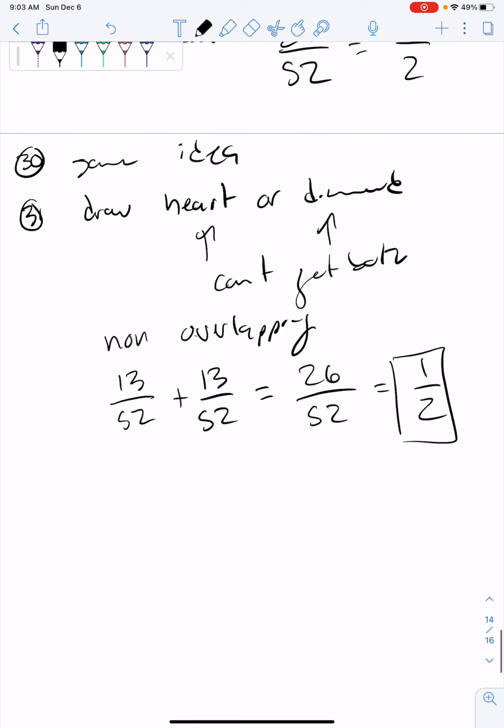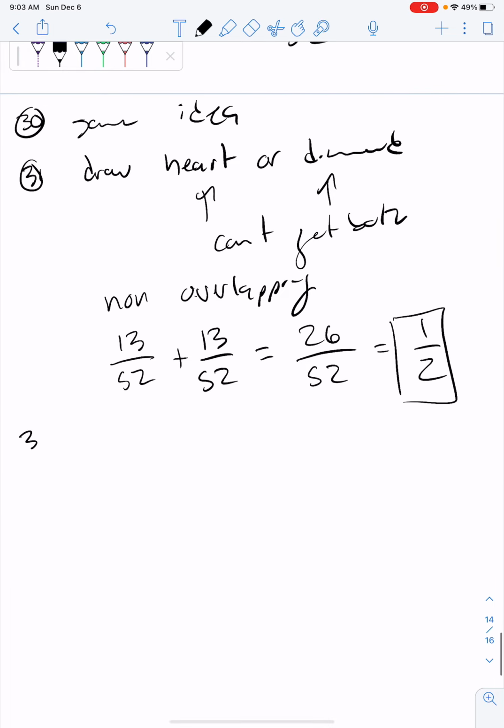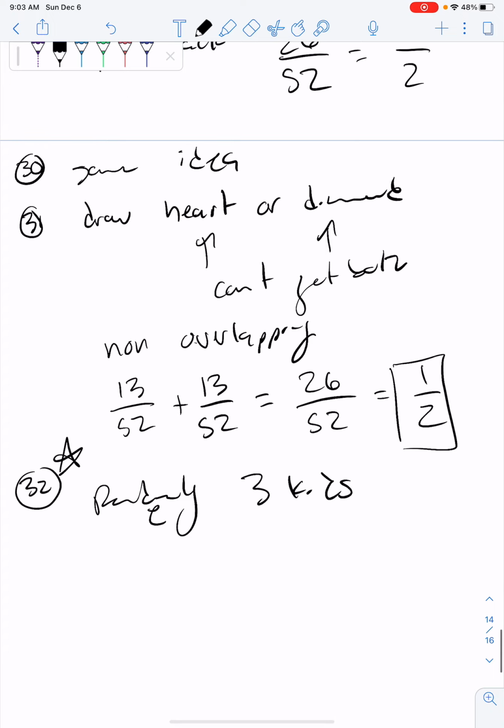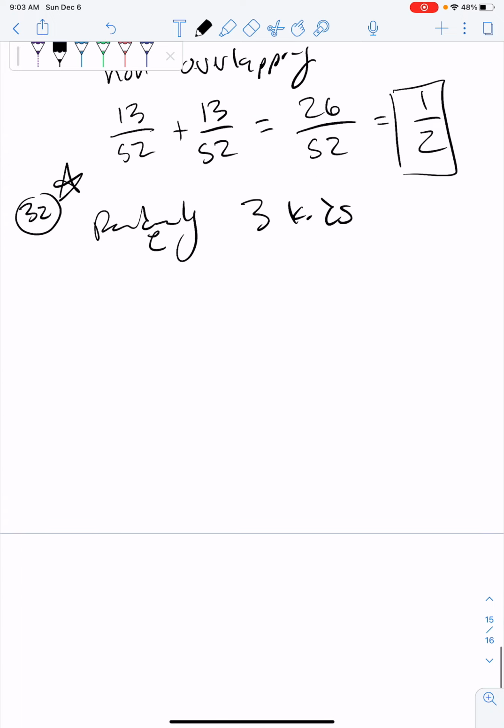Okay, number 32. This is a good one, and this is one that you're going to want to make sure that you understand. So this is if I randomly select, I meet a family with 3 kids. It says, what's the probability that there is exactly 1 or 2 girls.